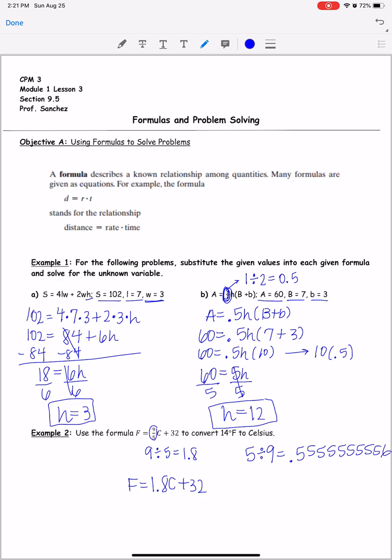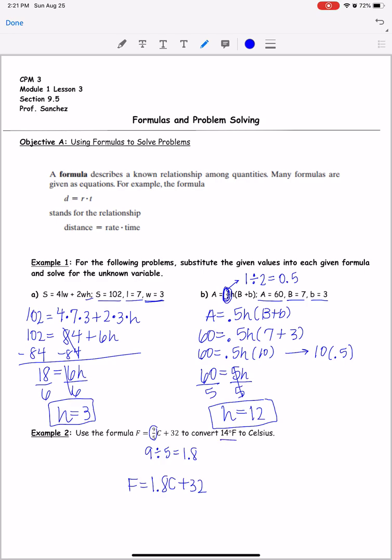A number like this right here is something you can't convert into a decimal. But when you put it in and you get an even 1.8, I'm not rounding, I'm not cutting off any numbers, that's when you can convert a fraction into a decimal. But if it keeps going and going and going, you can't use that. So just kind of keep that in mind.